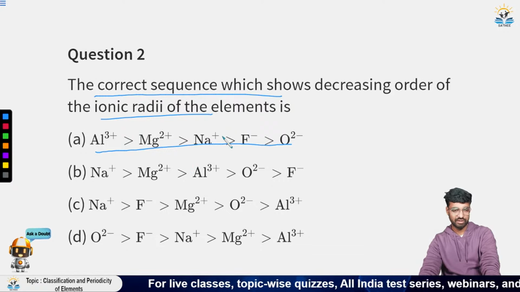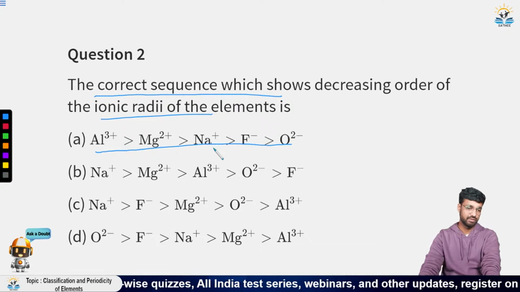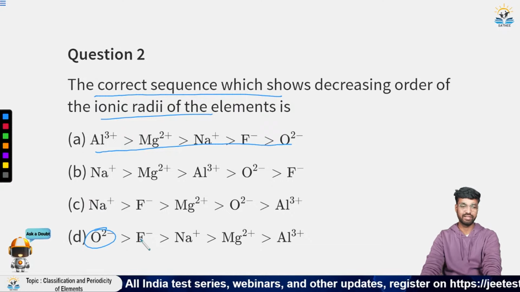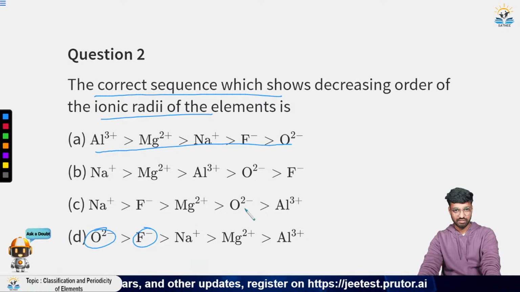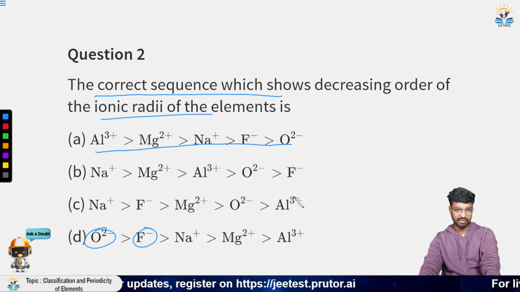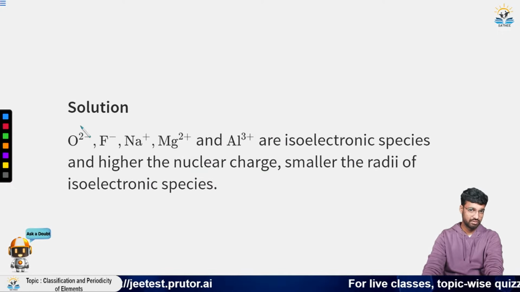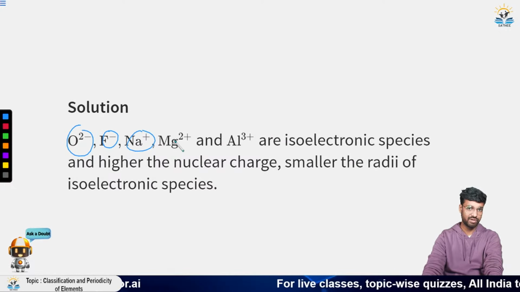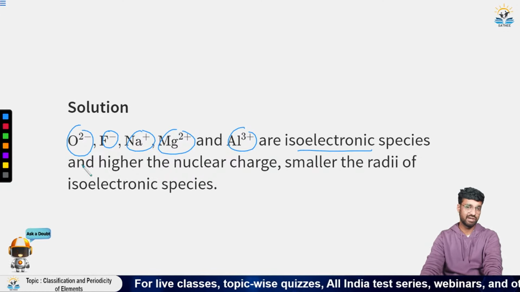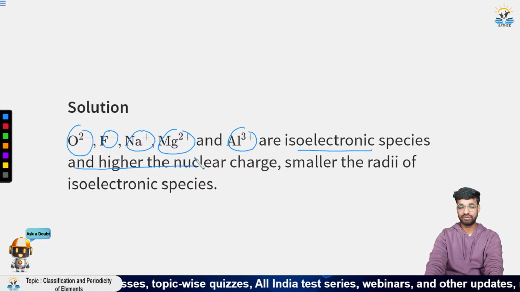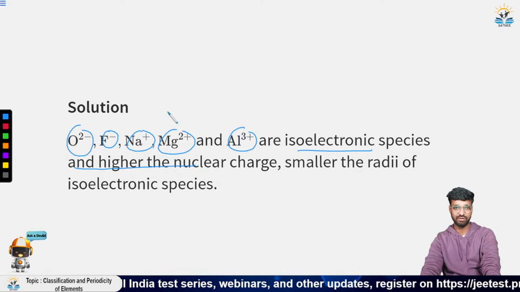So O2- will have the greatest size because it is an anion, then F-, then Na+, then Mg2+, and Al3+ is the smallest in size. The reason is the increase of electrostatic attraction due to the decreasing number of electrons per unit charge.